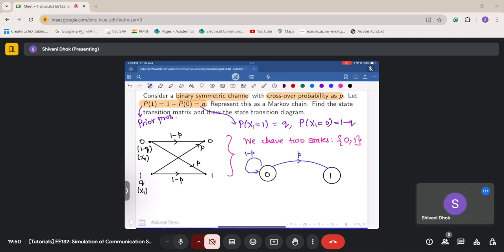Similarly, given you are at state 1, you go to state 0 with probability p, and you remain at state 1 with probability 1 minus p. That's all. This is your state transition diagram.